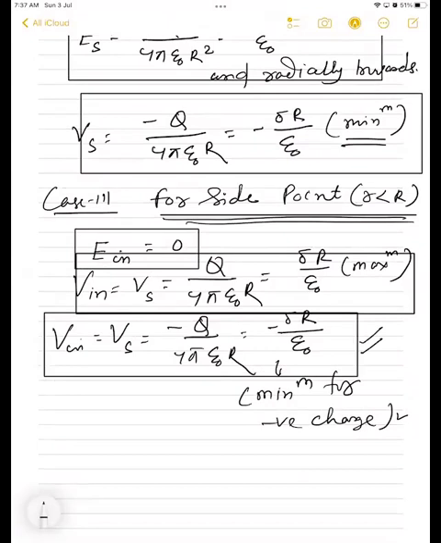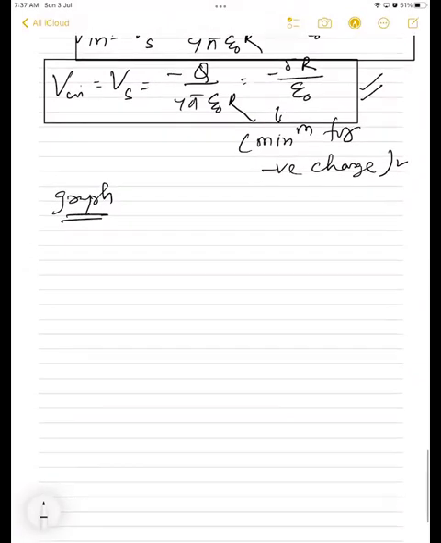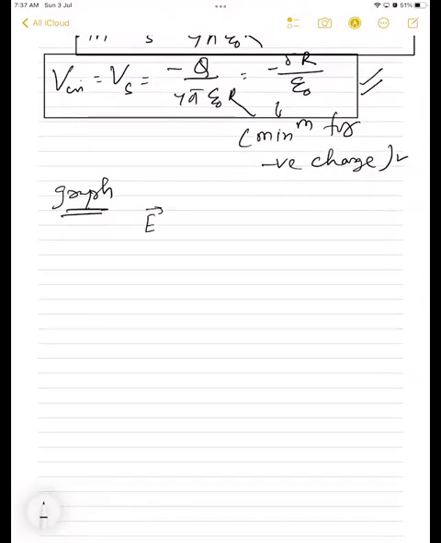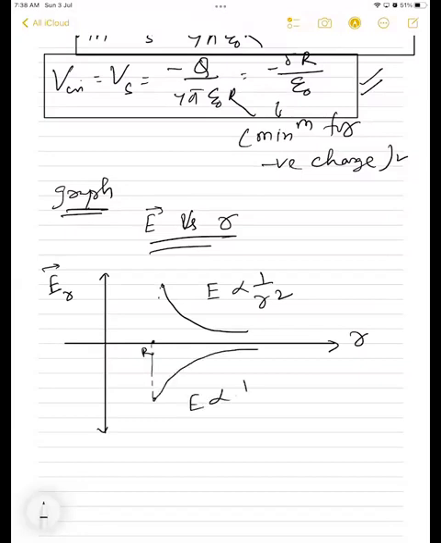If we draw the graphs, there are four options. For positive charge, one graph, and for negative charge, one graph. E versus R for a uniform sphere, right? Electric field is inversely related to R square: E is proportional to 1 by R square, correct? But R means distance. On the surface it is maximum, right? Inside there is 0 electric field. Similarly for the negative charge, E is proportional to 1 by R square.